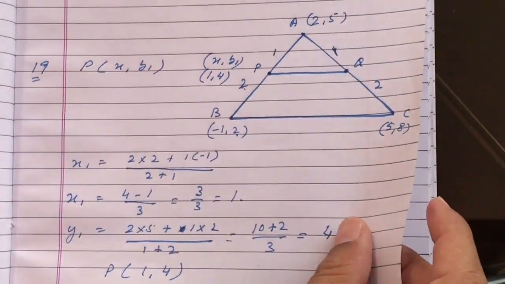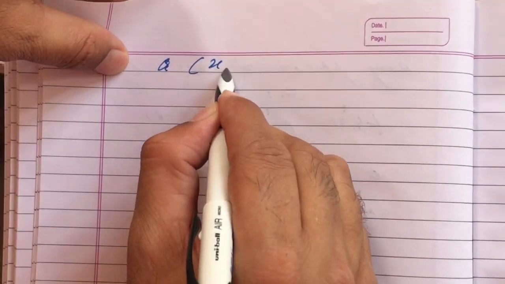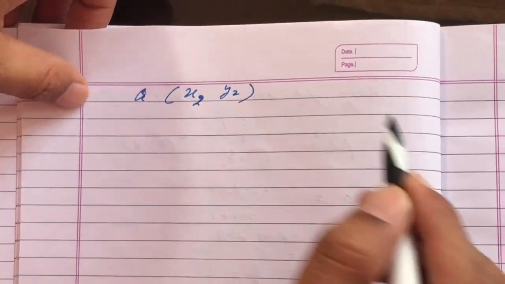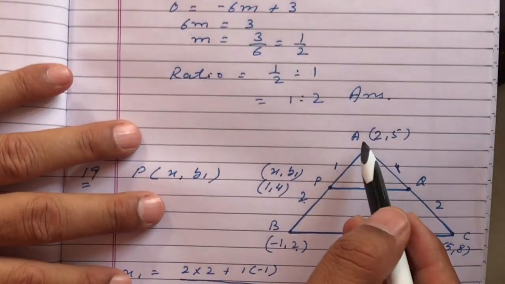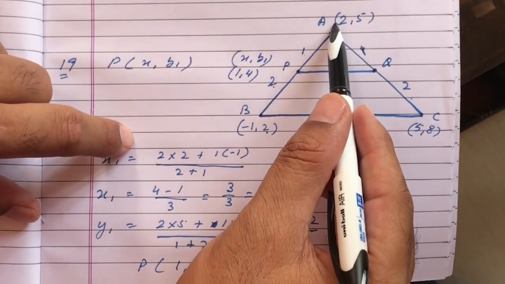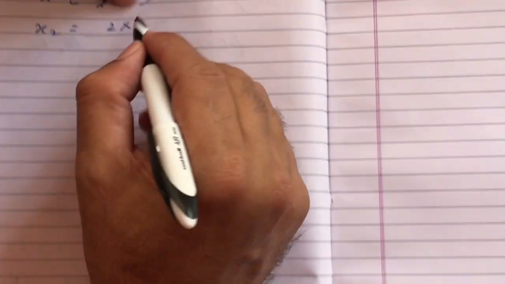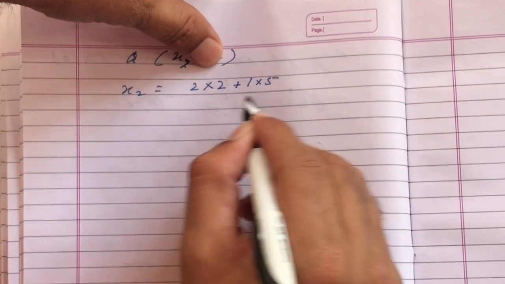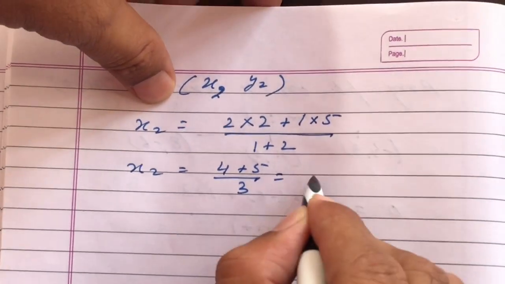Then I find the coordinates of Q. Let the coordinates of Q be (x2, y2). So x2 is (2 into 2 + 1 into 5) upon (1 + 2), that is (4 + 5) upon 3, 9 upon 3, 3.